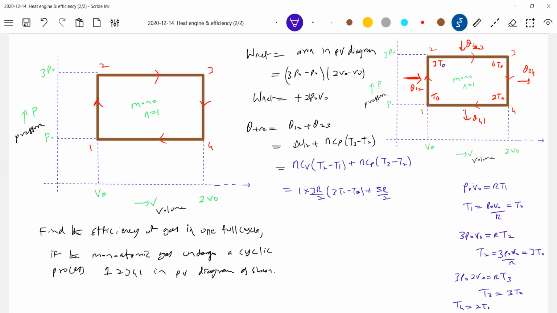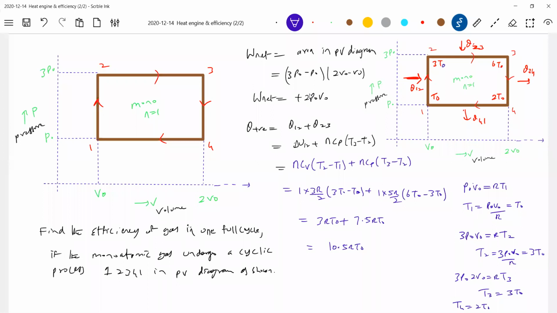Then 5R by 2, number of moles is 1, T3 minus T2, 6T naught minus 3T naught. Okay, 2T naught, so 3R T naught. Then 7.5R T naught. So this will be 10.5 R T naught, it will come.